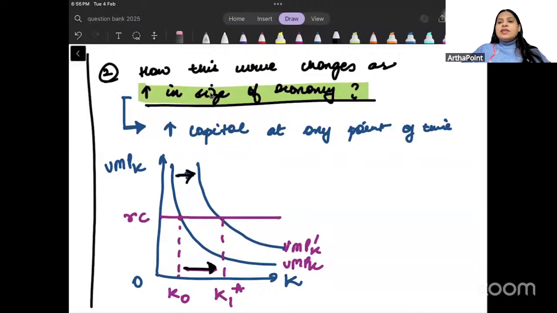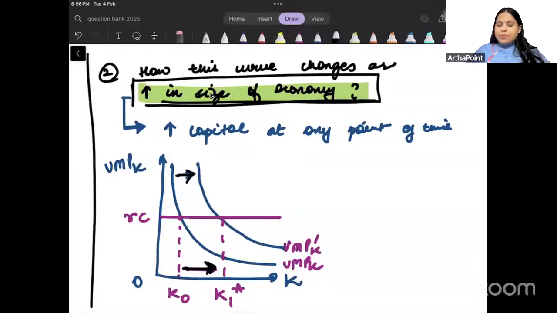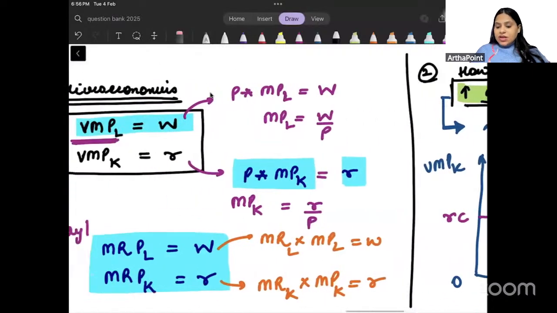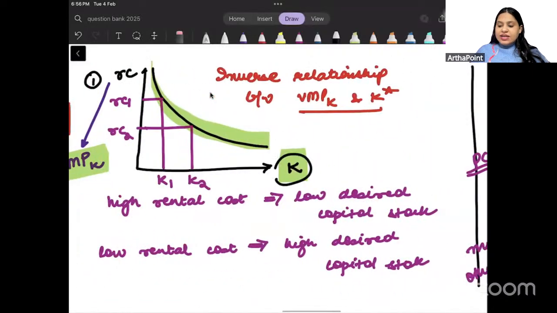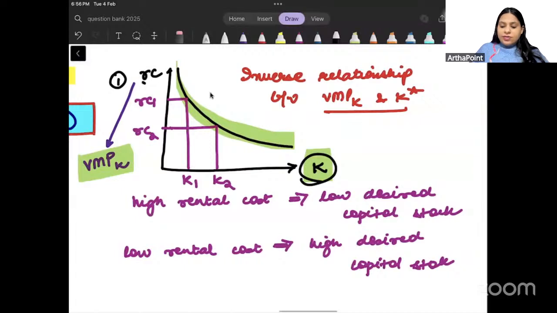What will happen when there is increase in subsidies given on the capital. ठीक है, and I will show you all those in the MCQ question also. But overall ये एक general हमें समझना होगा that when the size of economy is increasing, the desired capital stock will increase. Generally speaking, desired capital stock और rental cost में एक negative relationship has been seen.